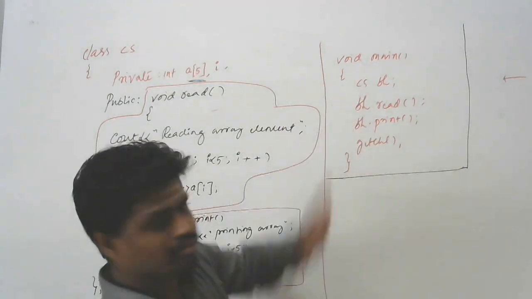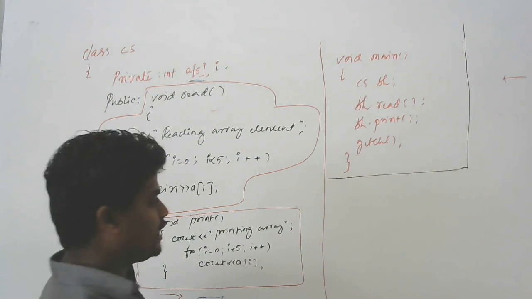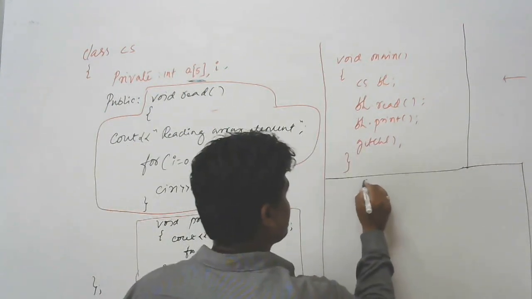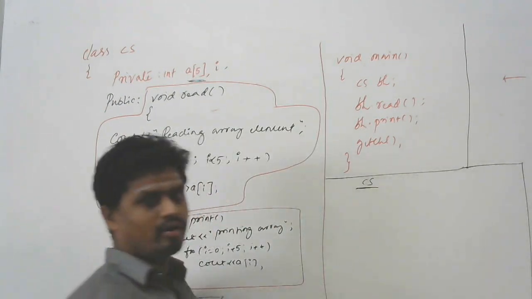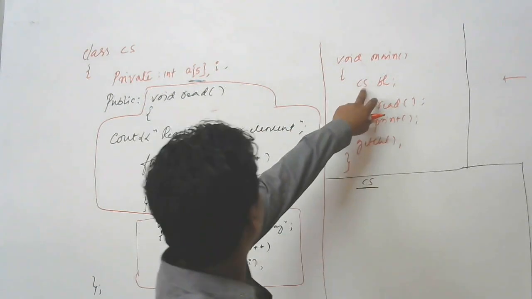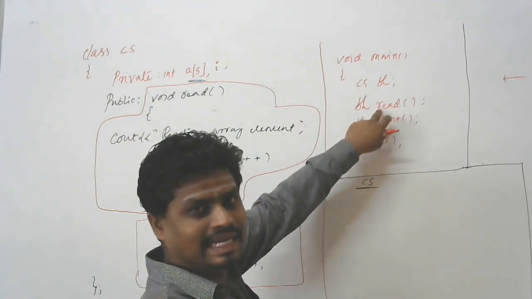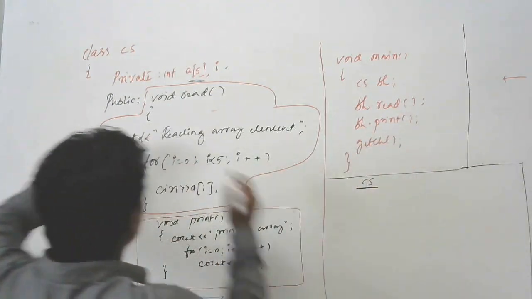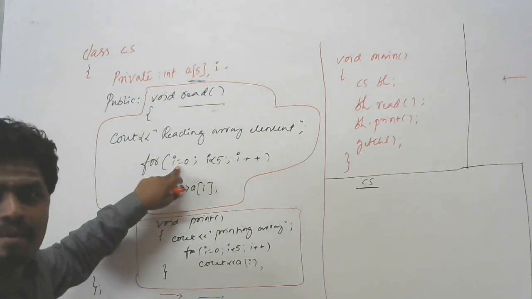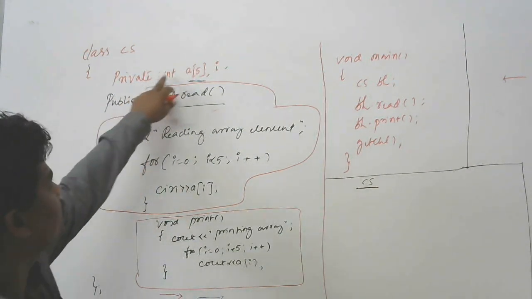When the compiler comes here, it automatically creates a memory block for the class CS. Then it will enter inside, it will go to bh.read. When the compiler comes here, reading array element, it is able to find the variable name called I. It will go back here.